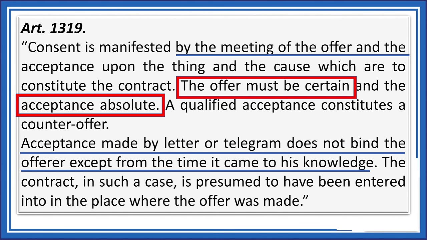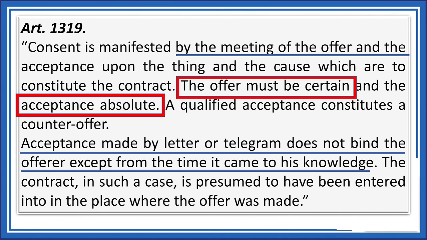This talks about acceptance through correspondence, right? If the acceptance was sent through a letter or a telegram, actually not so much the telegram anymore, but through correspondence, through letters. So, Article 1319 says, acceptance made by letter or telegram does not bind the offerer, except from the time it comes to his knowledge.